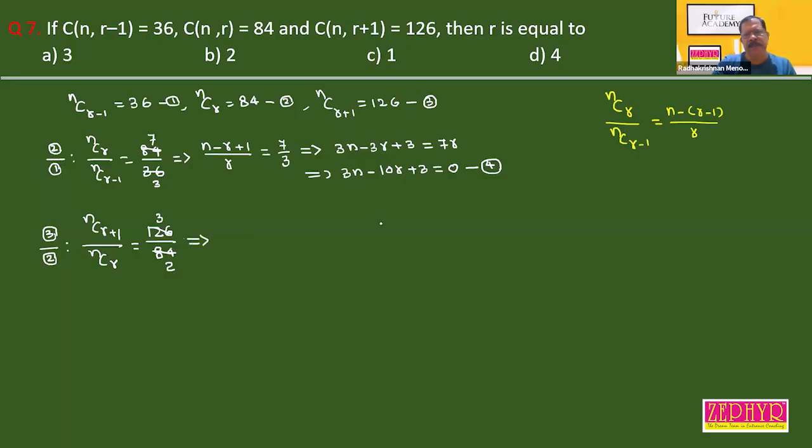So LHS, by using the same formula, we have got (n minus r) divided by (r plus 1) is equal to 3 by 2. On cross multiplication, we are getting 2n minus 2r is equal to 3r plus 3, which implies 2n minus 5r minus 3 is equal to 0.